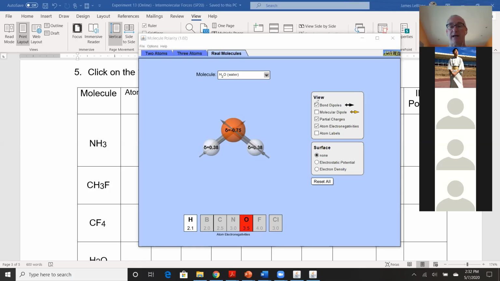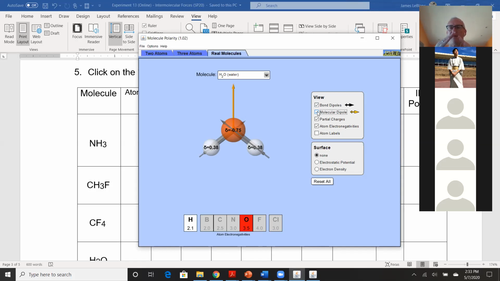Let's look at the molecular dipole. What direction does it point anyway? Up or down? Up, right. It's going to point up, but you can see that the magnitude of it is not going to be twice those bond dipoles.